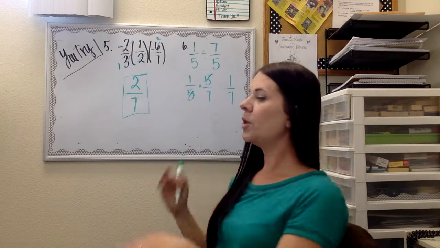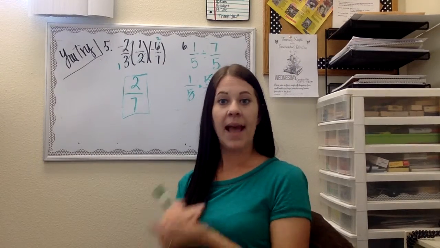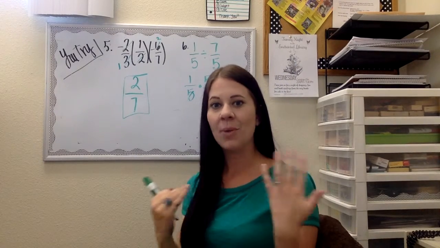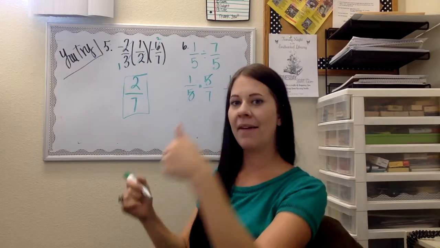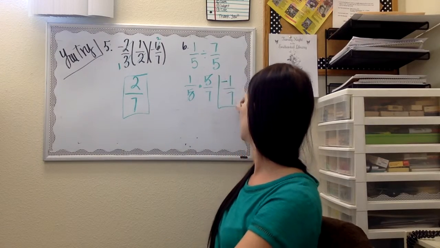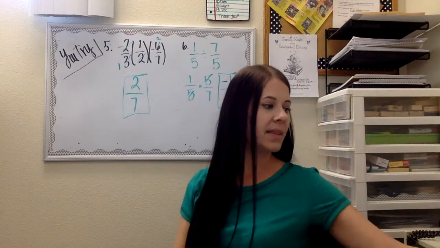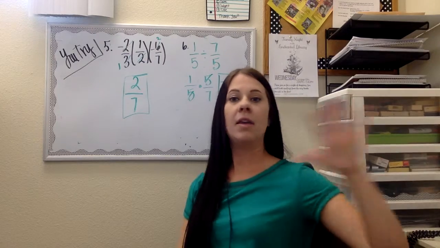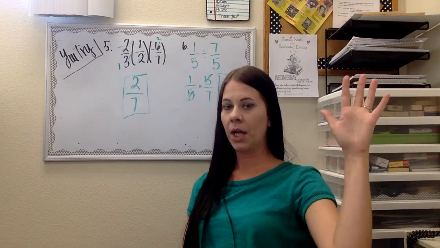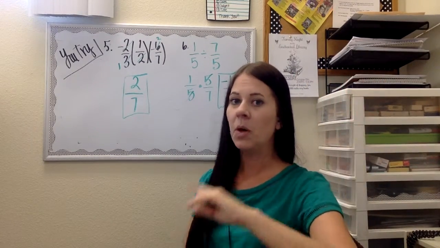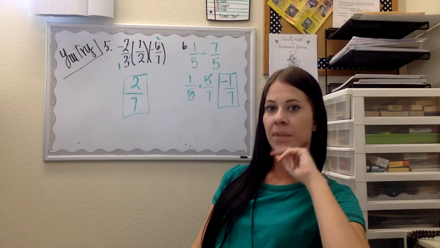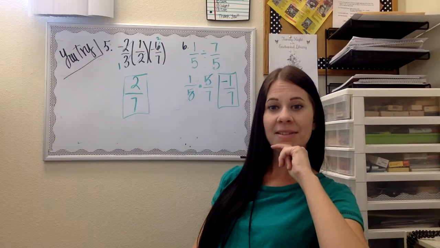Now, look back at the original problem. How many negatives were in there? Just 1, which means we have a negative in our answer. Okay, and that's what that means. If you see a negative in front of all the work, and there's only one of them, you know your answer is negative. Okay, so hopefully you're able to figure that out.